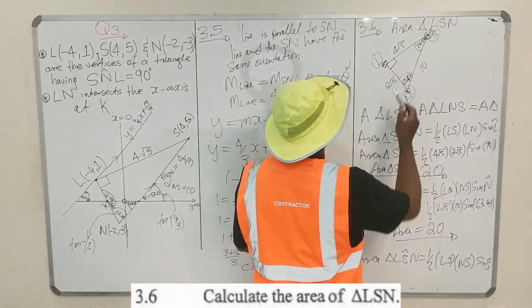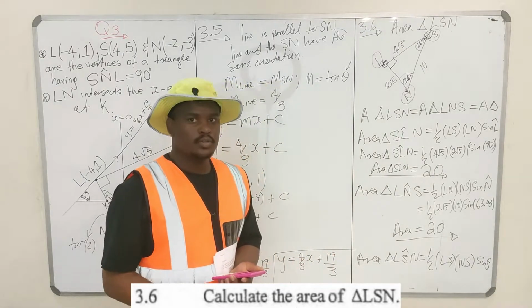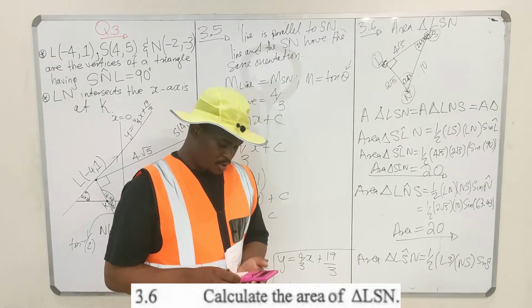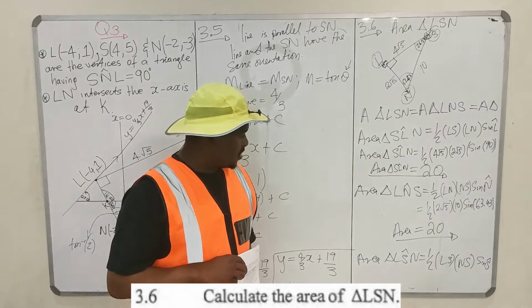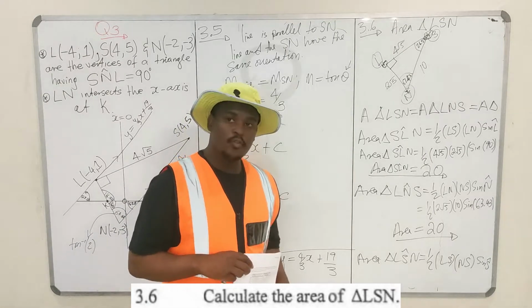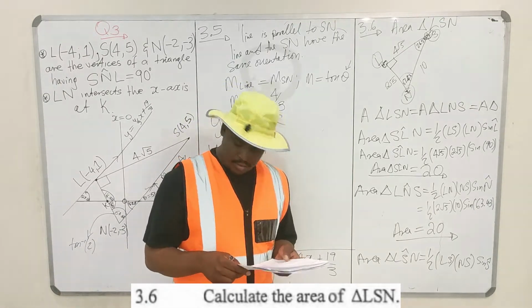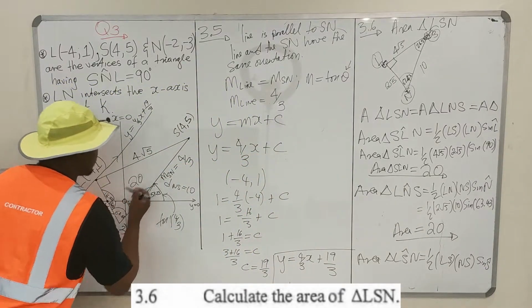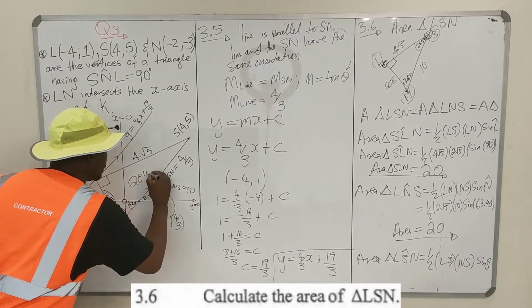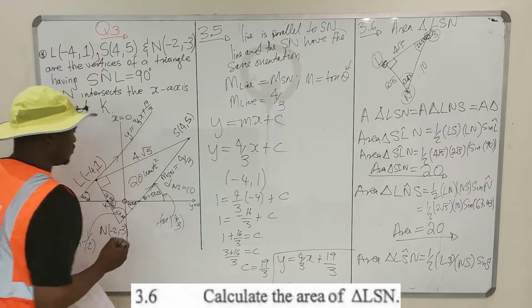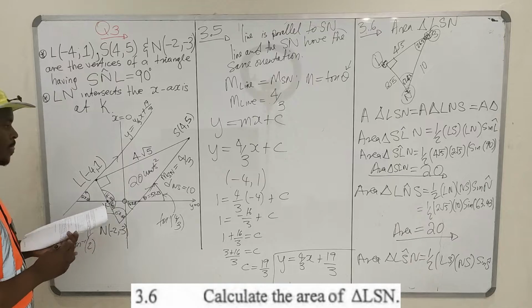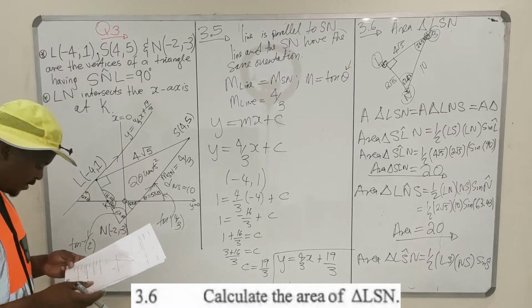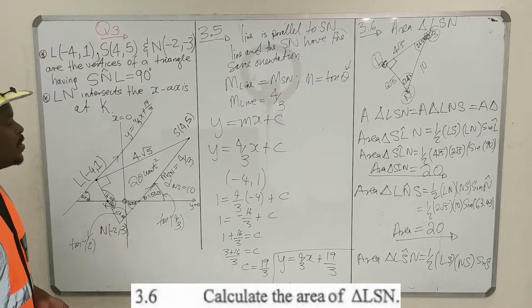You know what that angle is, 26.57. So it should come out the same. So we're pretty much done with this one. So we move to the next one. So the area of this triangle, all of it, is 20 square units. Done.